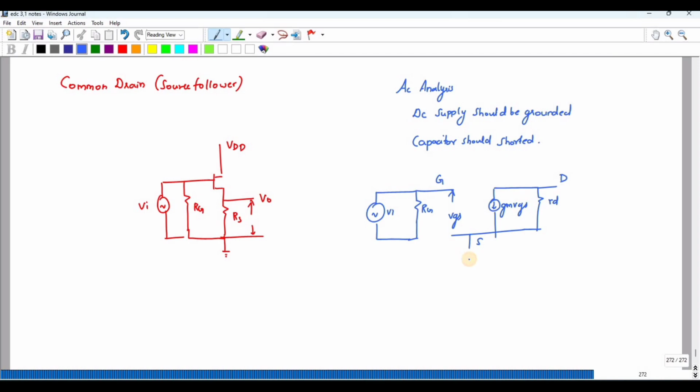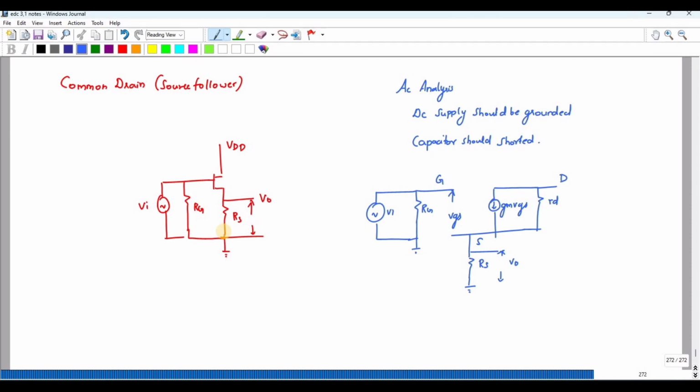In the source I have connected one RS. At the source I am taking the output V0, which is grounded. So here RG also is grounded. Okay. So for this one I need to find the value of input impedance, output impedance, and voltage gain.